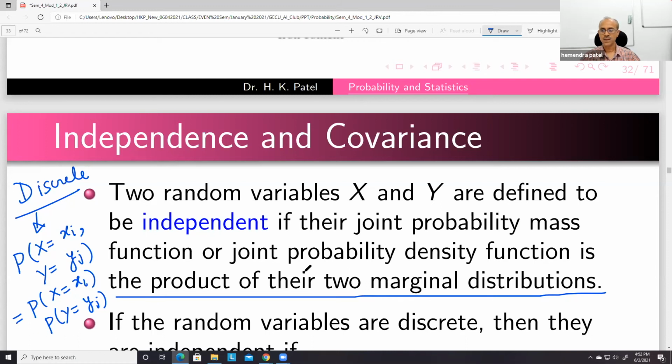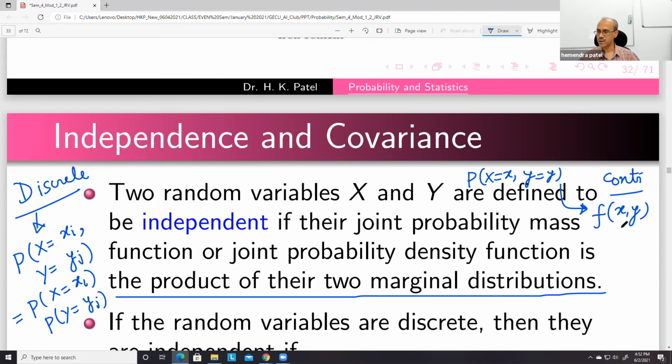Okay, this is the discrete case, and similarly in case of continuous, this is my fxy. Now this fxy is actually the density of x is equal to x, y is equal to y.